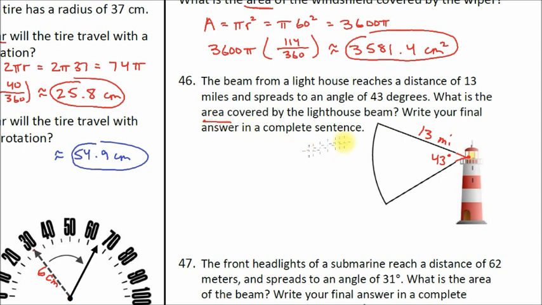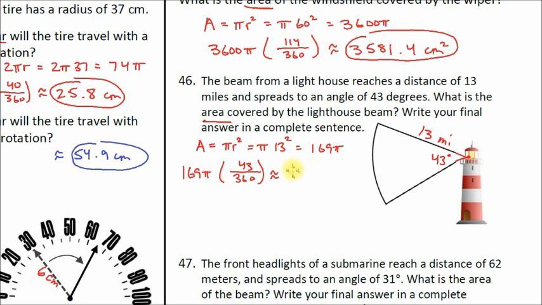Area tells me we're looking for sector area. I'm going to have to figure out the total area first. Pi r squared, which is pi times 13 squared. 13 squared is 169. So 169 pi. And now we're going to take the total area and figure out what fraction we want. Well, we only want 43 degrees. 43 degrees out of 360.